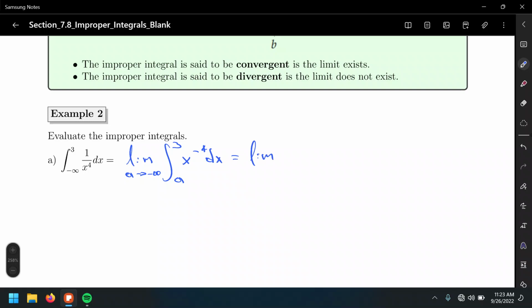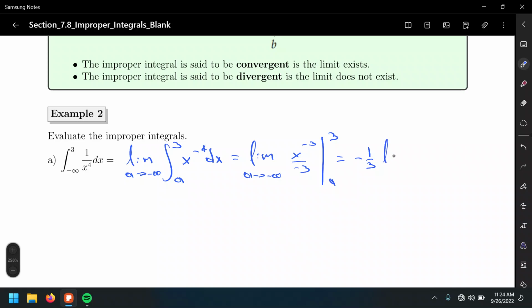So that's a limit. We still have a limit. And the integral of x to the negative 4: add 1 to the exponent, isn't that x to the negative 3, over negative 3, evaluated from a to 3. Again, in a similar way that we did with the previous couple of examples, this negative 3 that we have in the denominator, how about we write it outside as a negative 1/3, to avoid too many factors when it comes to the calculation with the upper and lower limit.